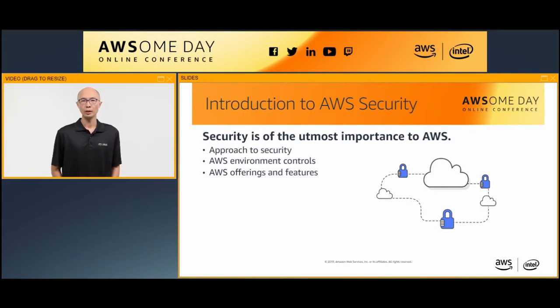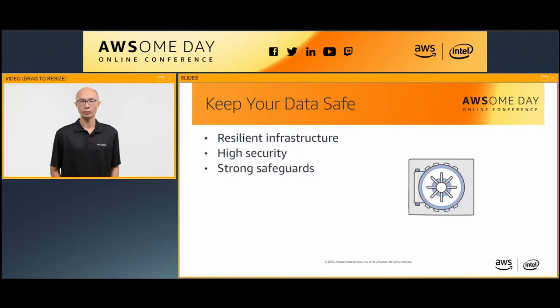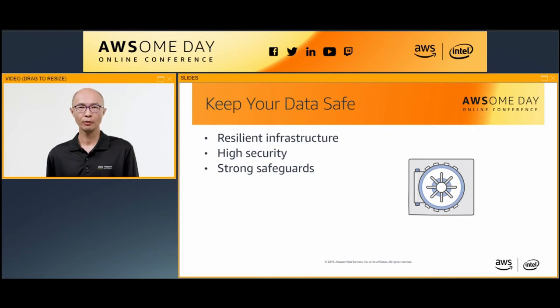This module is intended to introduce AWS approach to security, including the controls in the AWS environment and some of the products and features that AWS makes available to customers to meet their security objectives. All AWS customers benefit from a data center and network architecture built to satisfy the requirements of our most security-sensitive customers.